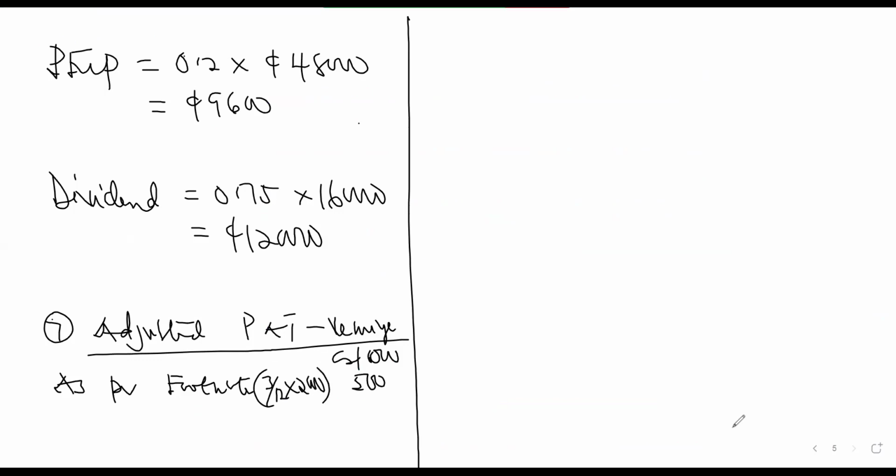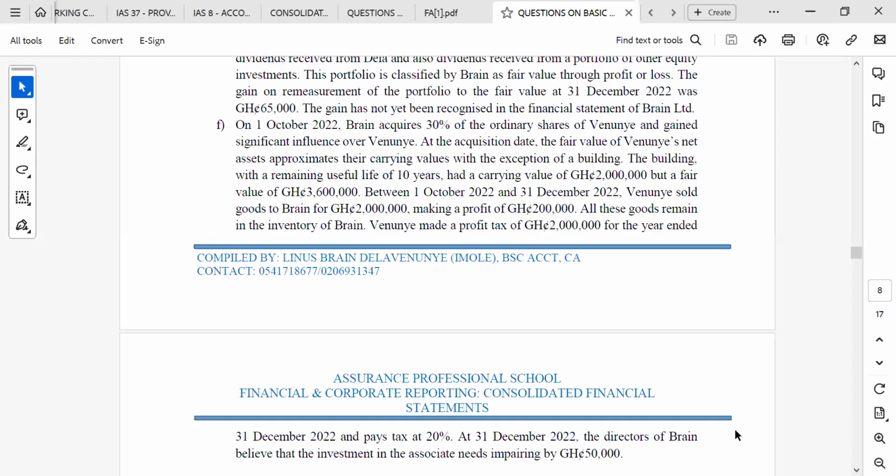Okay. We are going to be having something like depreciation here. Do we agree to the depreciation? There is a fair value adjustment that has not been taken into consideration at the date of acquisition for them. At the date of acquisition, the fair value of Veneer's net assets approximates their carrying values, with the exception of a building.